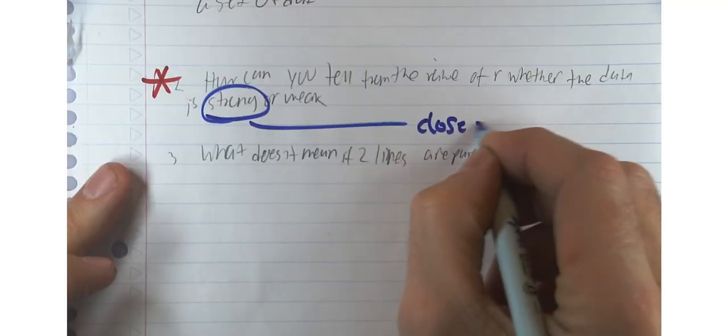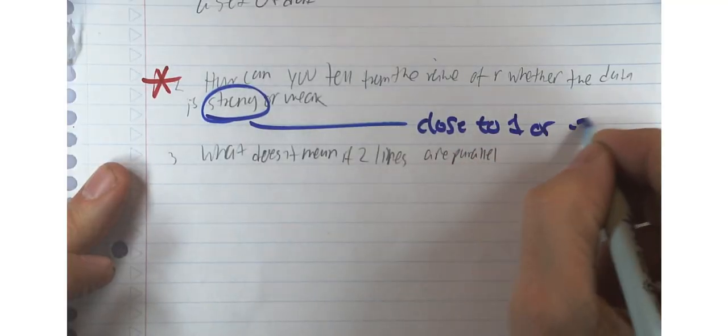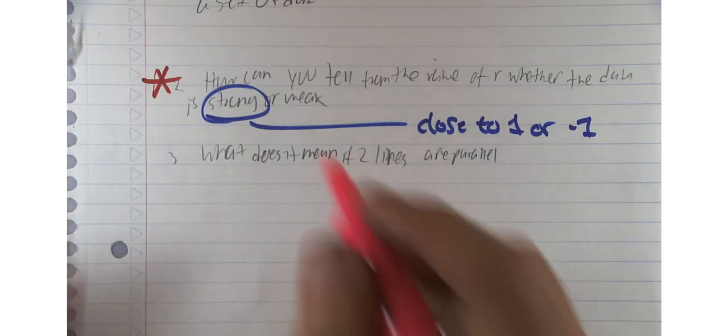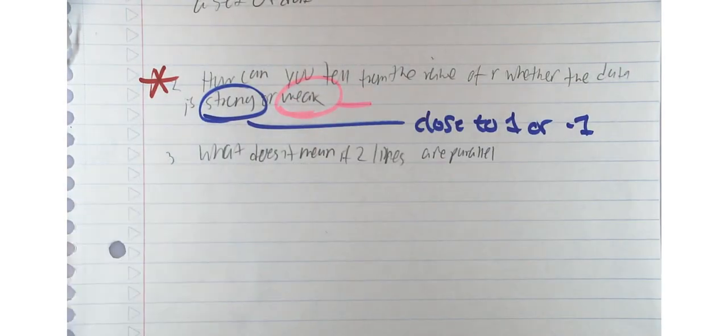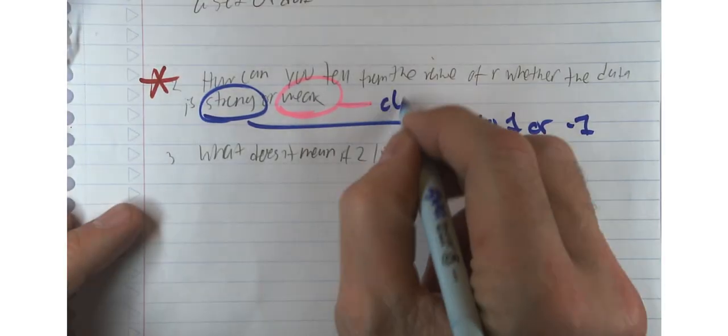It's close to what? 1 or negative 1. So close to 1 or negative 1. What if it's weak? What's a weak correlation going to look like? Yeah, close to 0. That's what a weak correlation is going to look like. Close to 0.